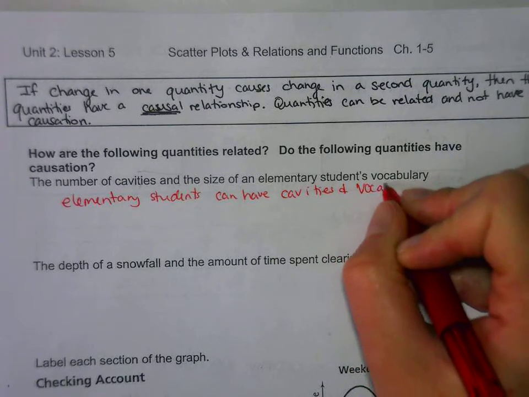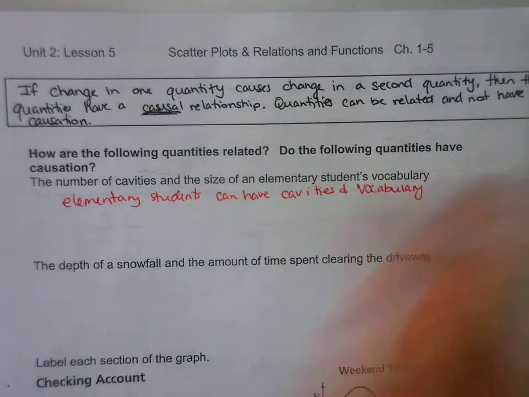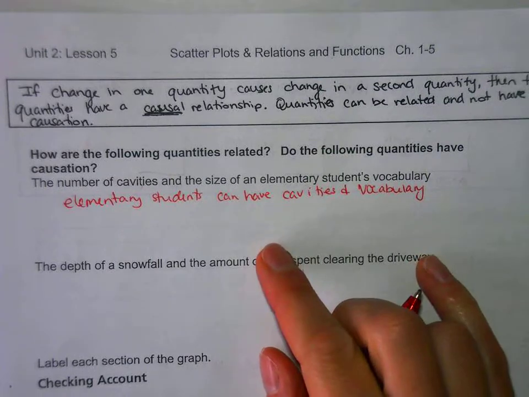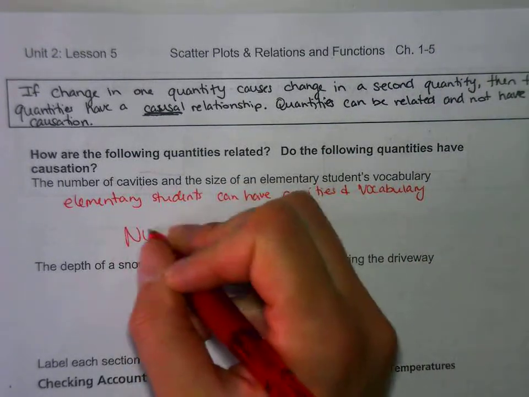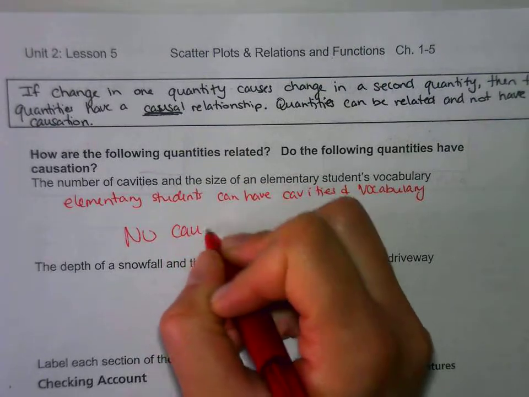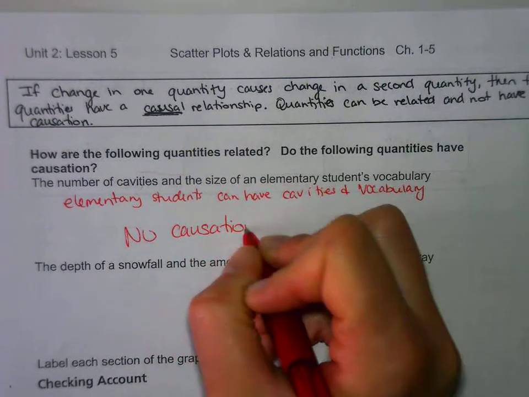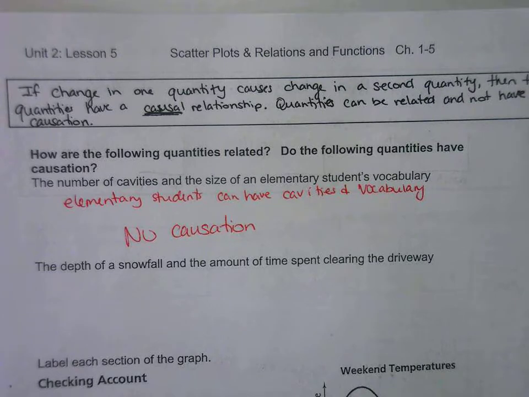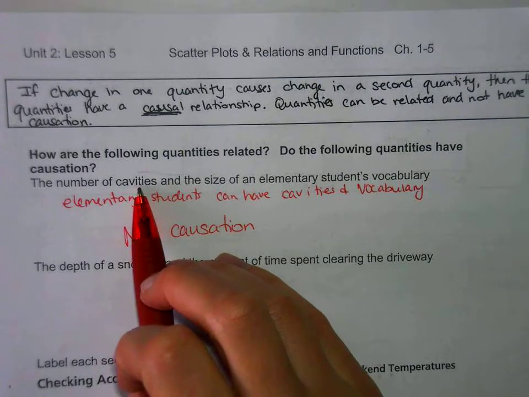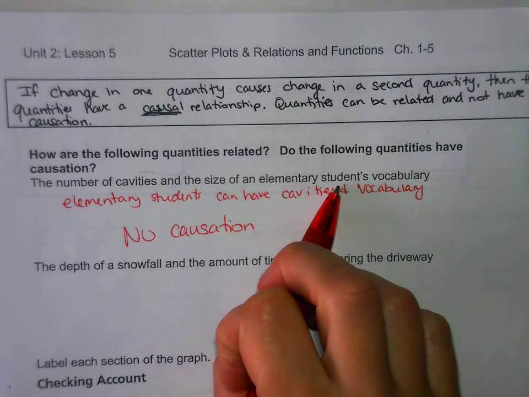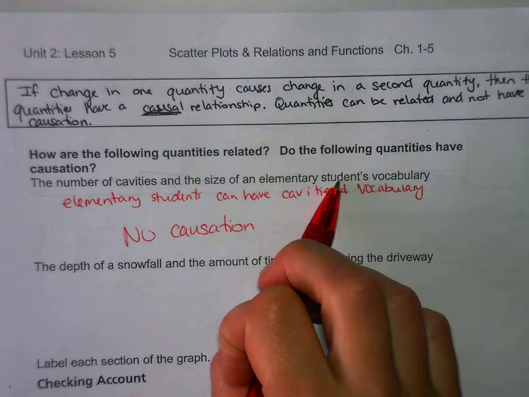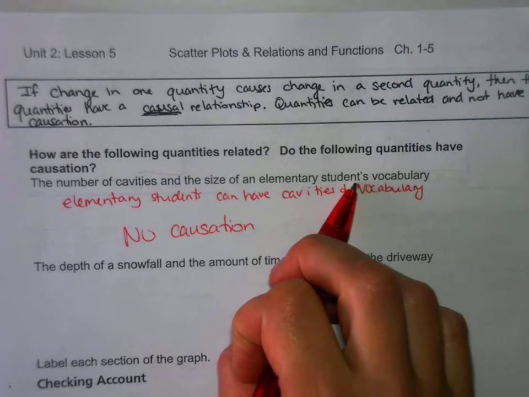So they are related because an elementary student can have both. However, there's no causation because if a student has 4 cavities, that does not affect or have anything to do with how much they have in their vocabulary. So there is no causation.